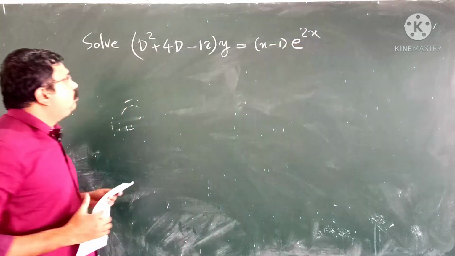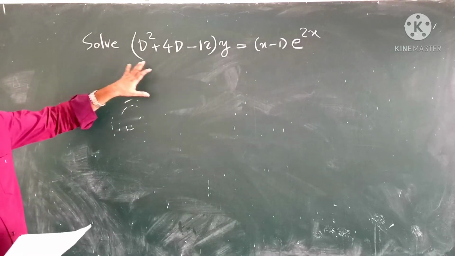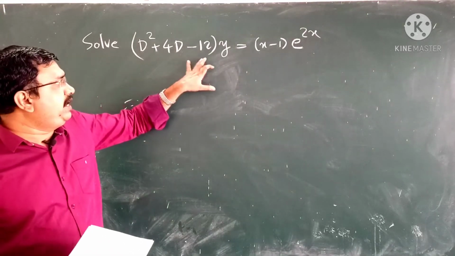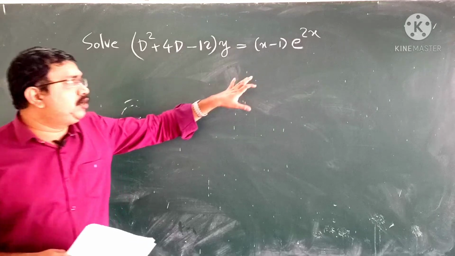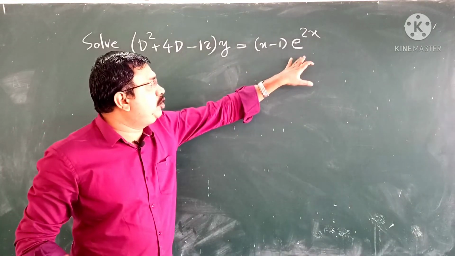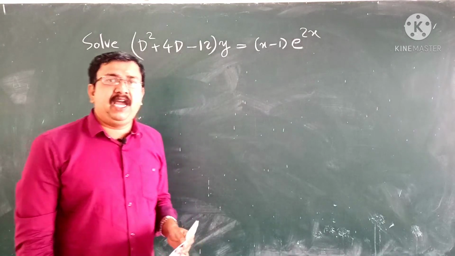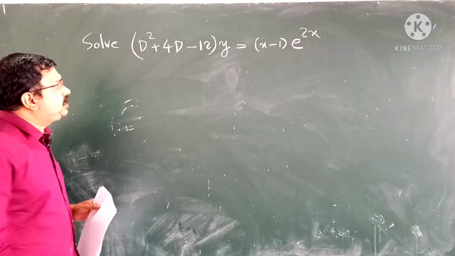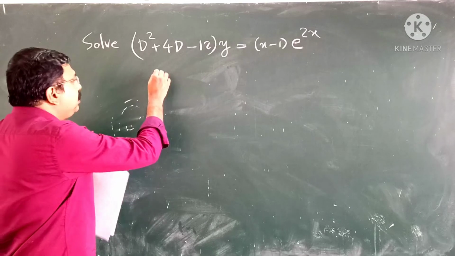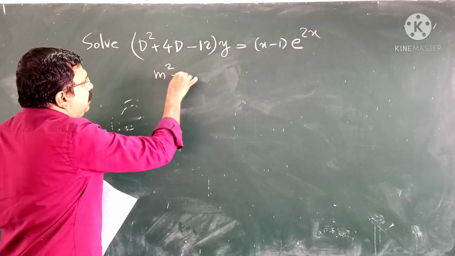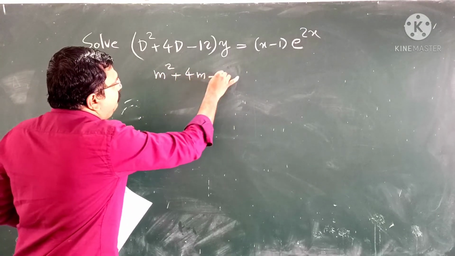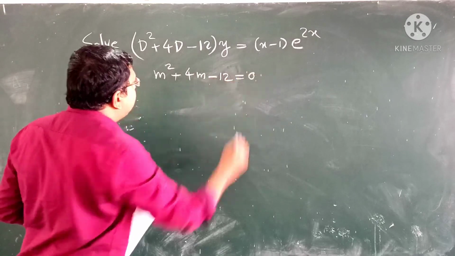Okay, our next question is solve (D square plus 4D minus 12) into y equal to (x minus 1) into e raised to 2x. Okay, first we can write our auxiliary equation. What is our auxiliary equation? M square plus 4m minus 12 equal to 0.